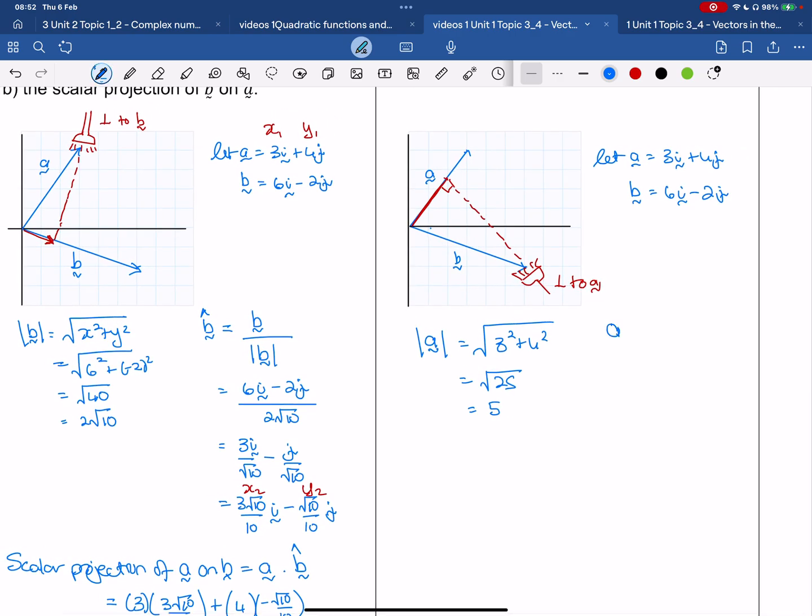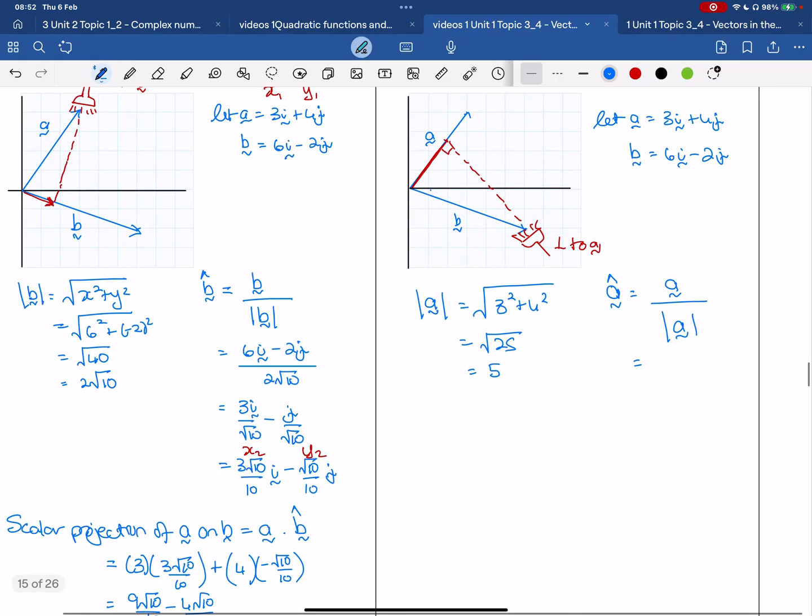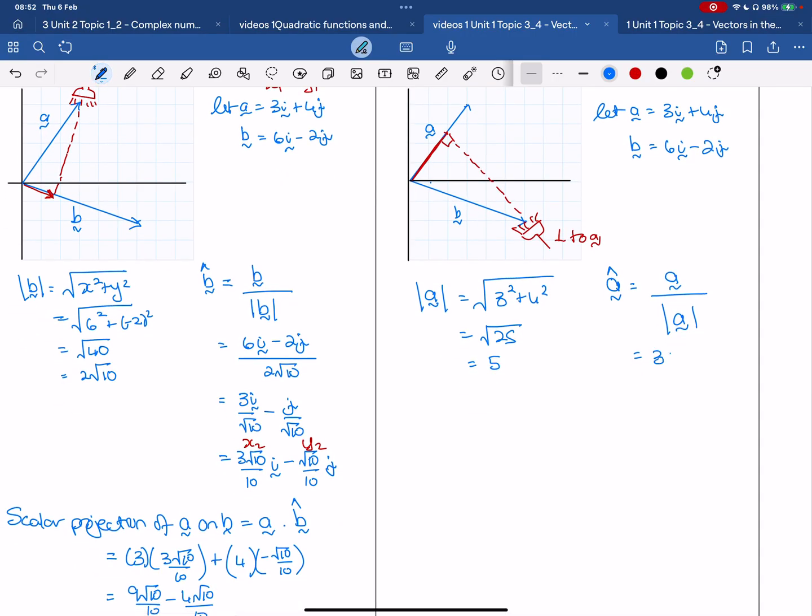And my unit vector in the direction of A is just going to be A over my magnitude of A, and that will be 3i plus 4j over 5, and we have 3/5 i plus 4/5 j.